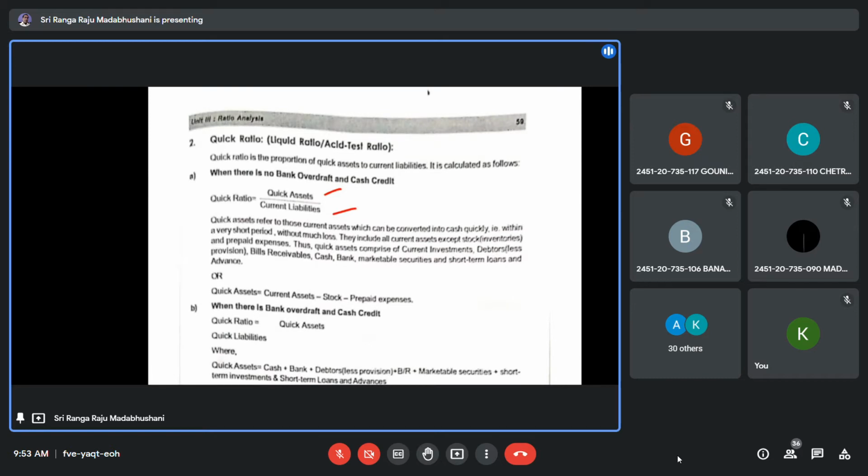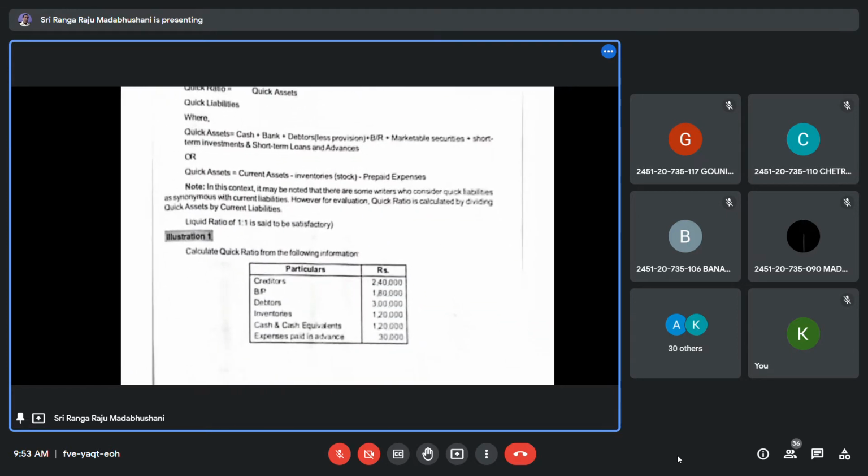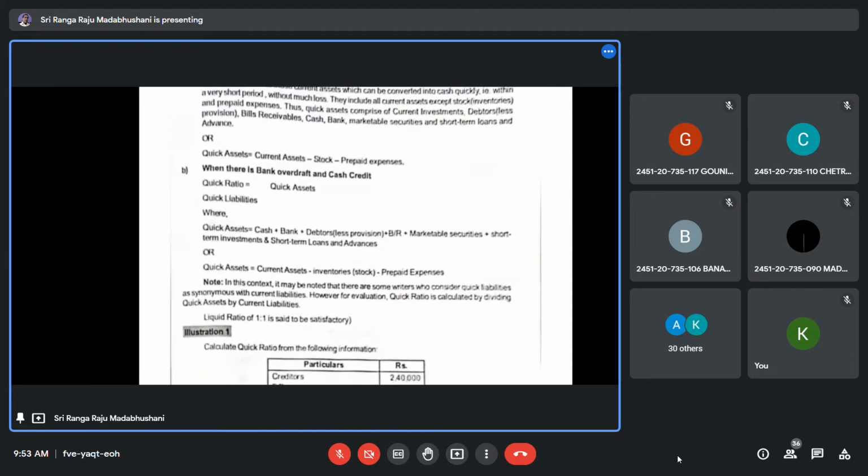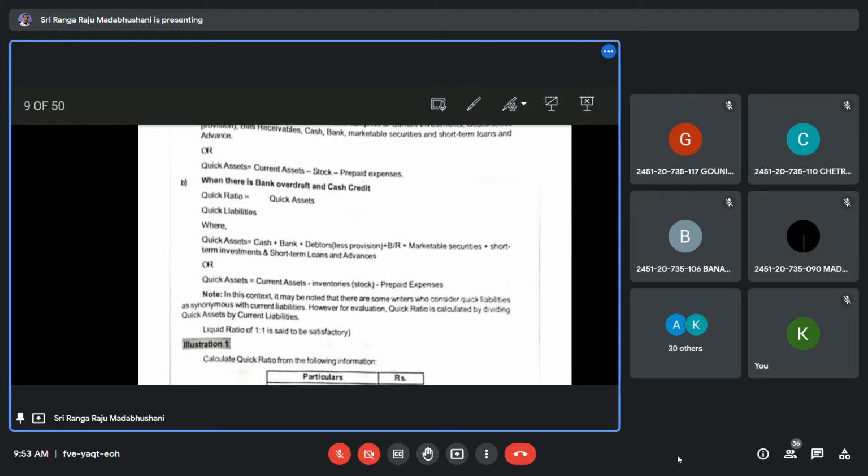So indirectly one can arrive at current assets minus stock and prepaid expenses.